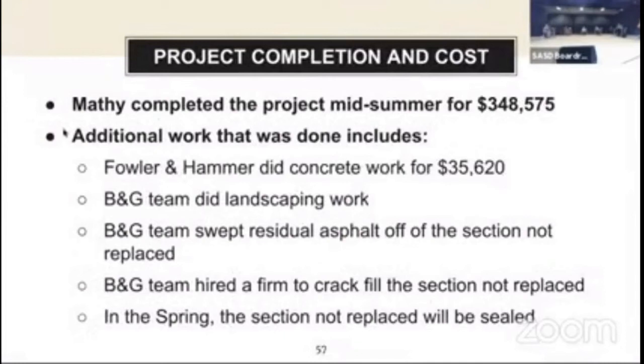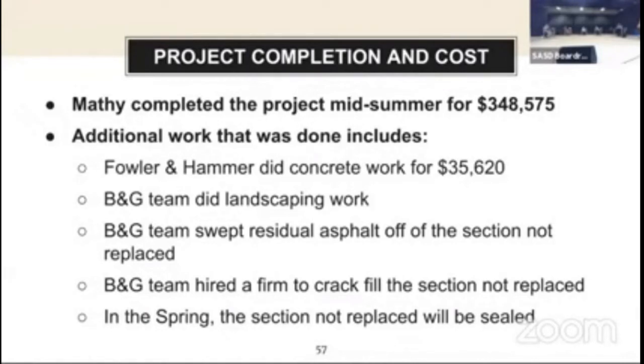So this summer in June and maybe a little bit into early July, Matthew is the firm who completed the project for a cost of $348,575. In addition to the work that Matthew did, Fowler and Hammer did concrete work for $35,620.